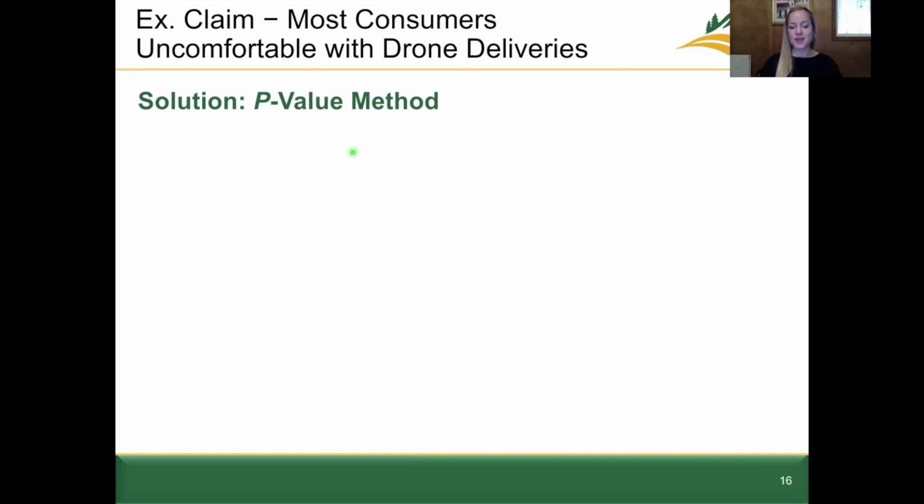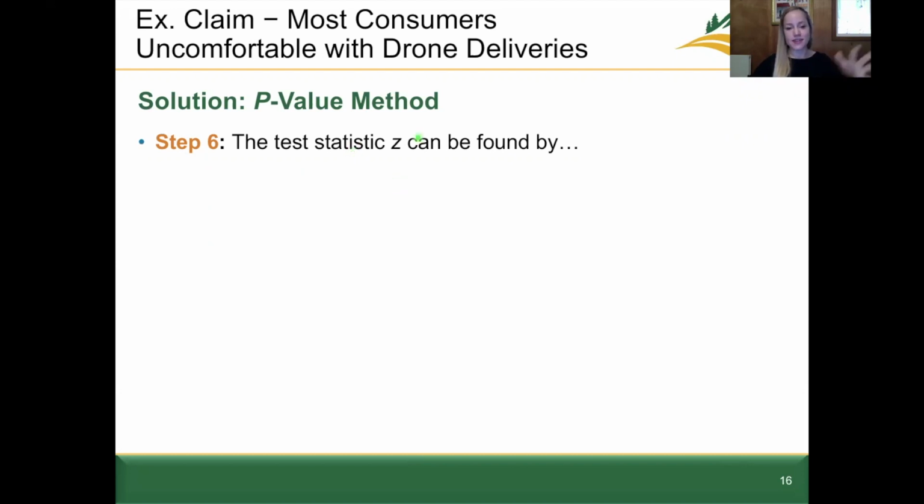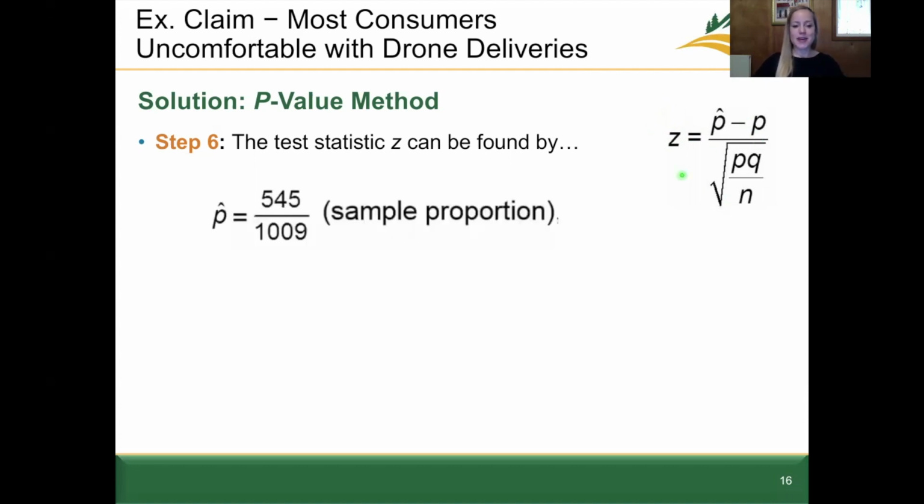Because we're working in the category of proportions, the corresponding test statistic value we need to calculate is the z-value. We did this in 8.1 initially, so here's our equation for the z-value again. To calculate the z-value more accurately, let's figure out what values we need to plug in here. The first is our p-hat value.